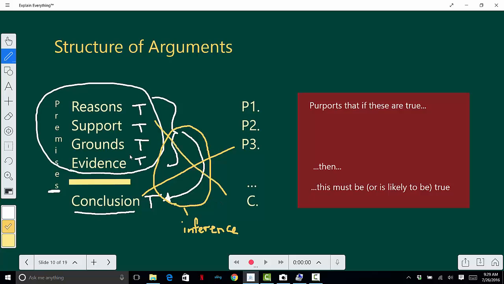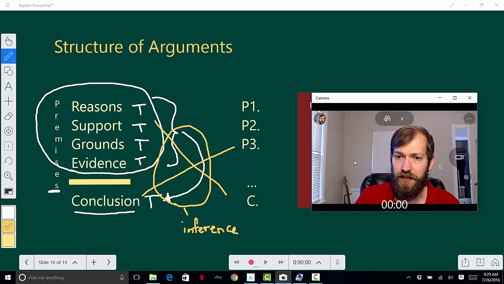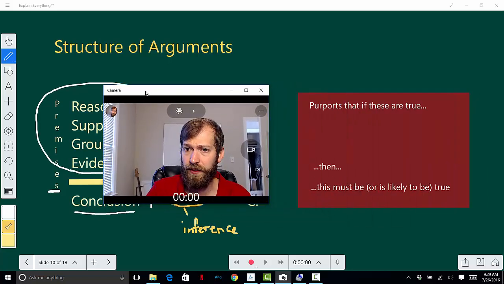Namely, these could be true, and this could still turn out to be false, or more likely false than not false. So another way of representing this inference in this very important structural piece of arguments is to examine this right side of this slide here.